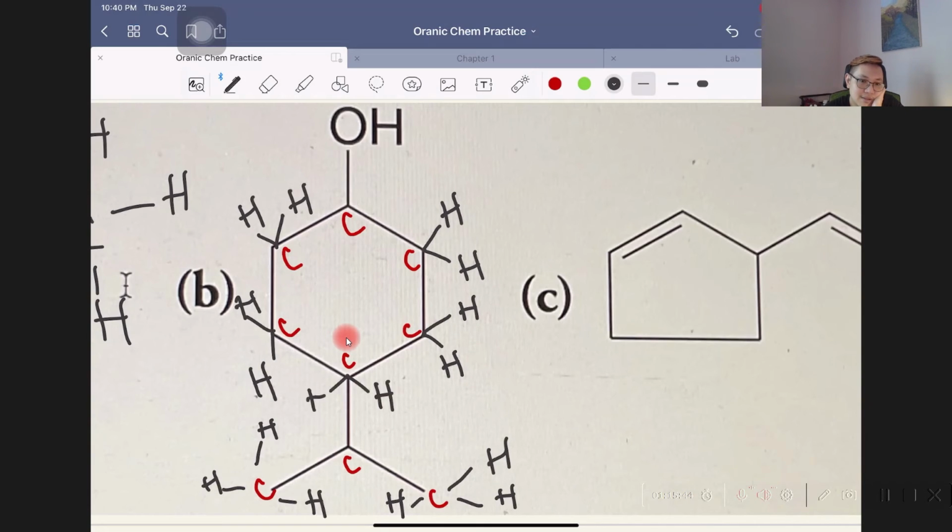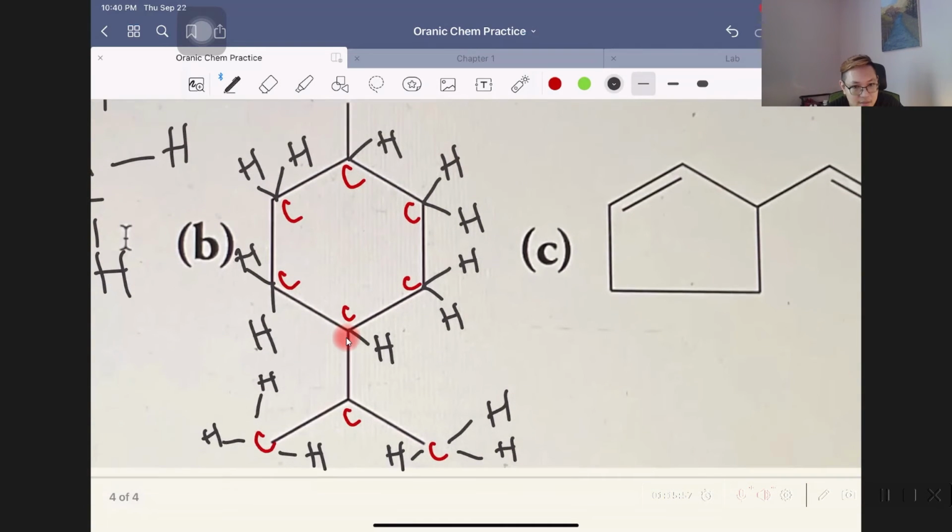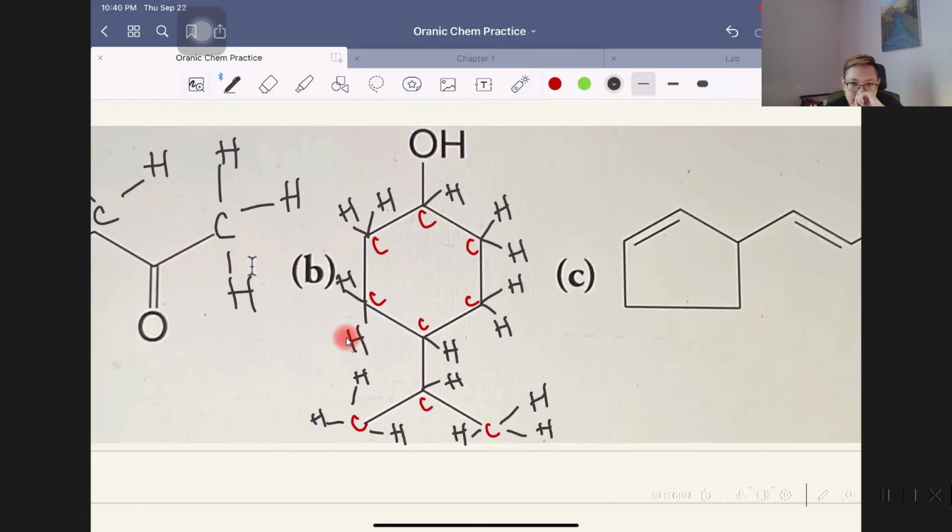And on top, the C, that's more than enough. Remember, C only forms 4 bonds, right? One, two, three, four. Okay, correct. Now the C down there, 1H. Good. You got it right.